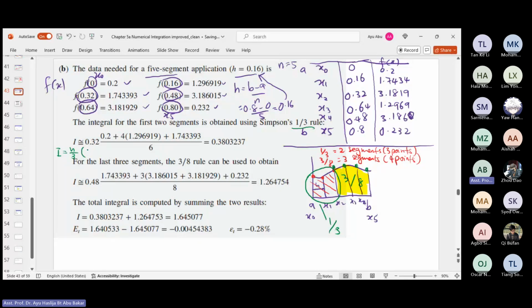So single application of 1/3: f(x0) plus 4, for the intermediate part. There are only two segments, so 3 points, so this one only involves f(x1). Then plus f(xn), which is the last point, f(x2). So that's how it gets to this answer.